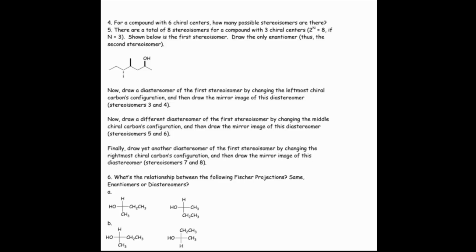We could draw it as a mirror image, or we could draw it by 2, 4, 6, 7, changing every one of our chiral centers. That's the way that I prefer to do it in a situation like this, because it's easier for me to keep track of my chiral centers. So this is an enantiomer of the isomer shown.